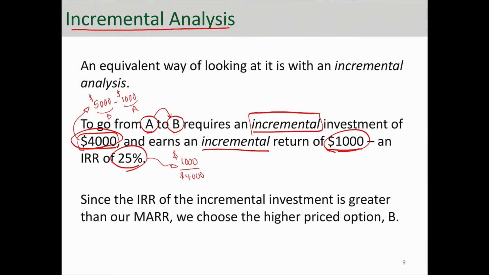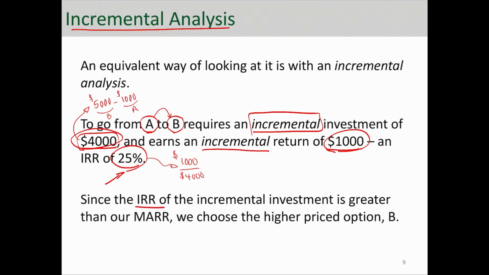That is 25%. And what we're saying is, now that your incremental return is 25%, you've got to compare that incremental rate of return to the MARR and make a decision.